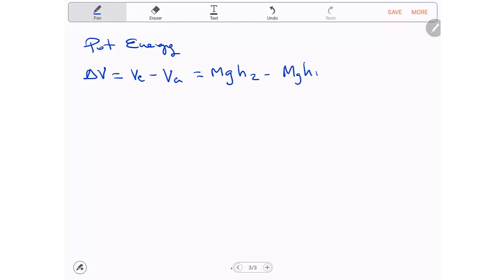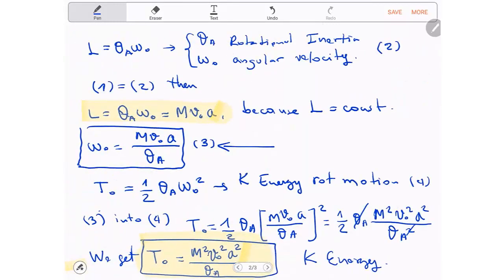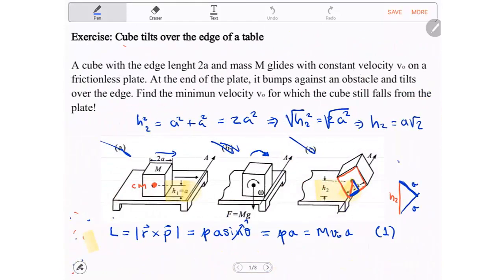This is a well known formula, right? Simplifying, we get h2 minus h1, and we calculated that h2 is equal to A root square of 2.